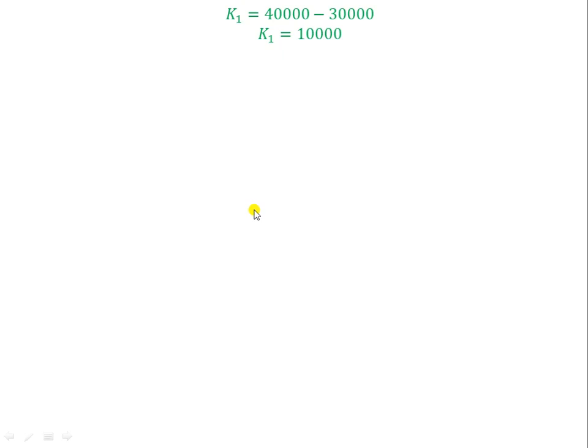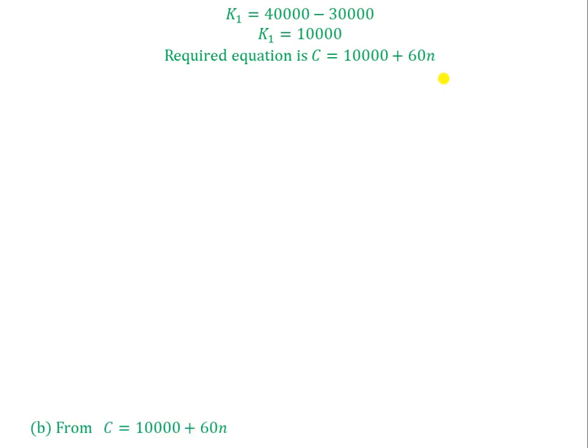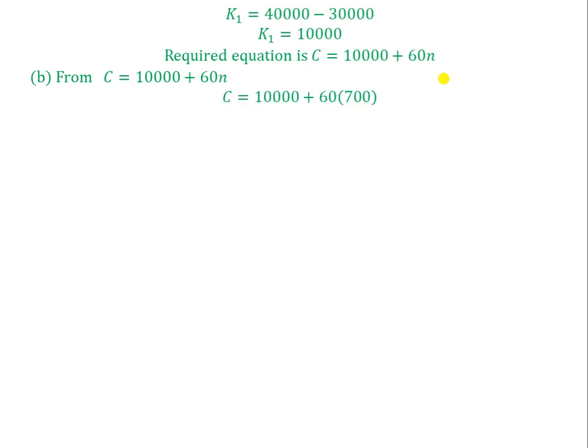And now that we have the value of K1 and K2, simply write your equation that is required. So our required equation becomes C is equals to 10,000 plus 60N. That is the equation they wanted from part A. Let's move on to part B. Part B, they wanted us to find the cost of running the school when there are 700 students.